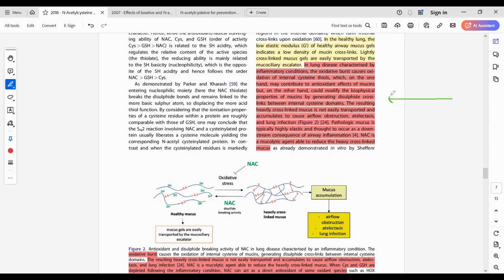But in an unhealthy lung, where there's inflammation present, that's going to drive more cross linkages, which makes it a heavily viscous mucus that's hard to move by that mucociliary escalator. So that mucus accumulates, and now we can have lots of different lung issues. So what do we do?